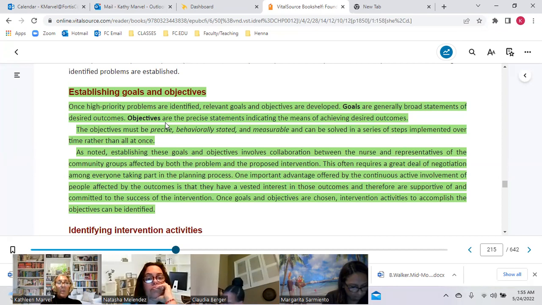And then the most important thing to remember with goals and objectives is once you've identified your problems, goals and objectives are developed, but they need to be developed with the people who have an interest in seeing these problems solved. Okay. It has to be a group effort.